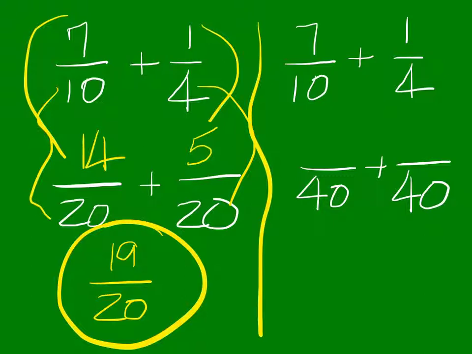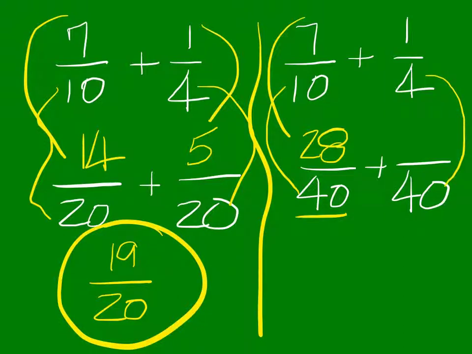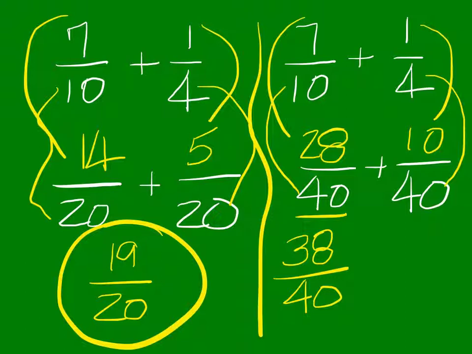But if you chose 40 for the denominator, 10 times 4 to get 40, so 7 times 4 is 28. 4 times 10 is 40, and 1 times 10 is 10. So that would give you 38 over 40. But you can reduce it.